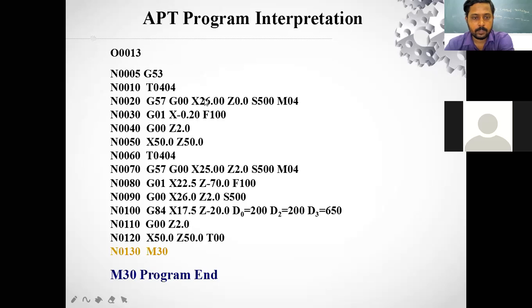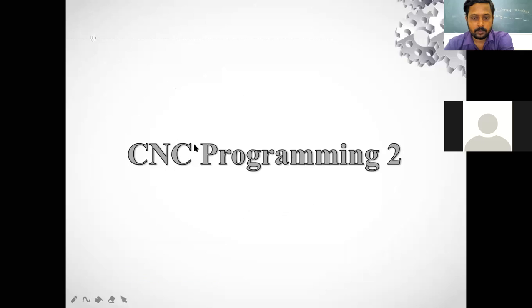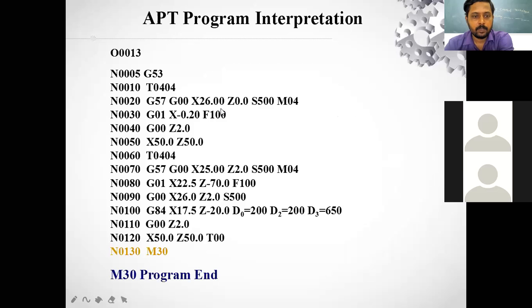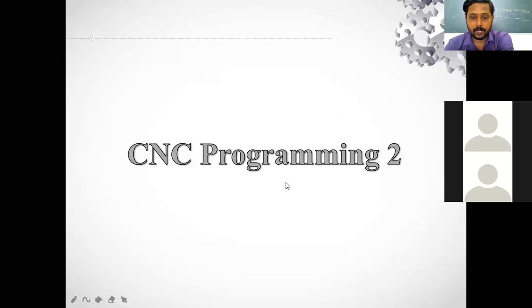At first glance, you will notice that the numbers are given here, the program is starting here, and different codes are being provided by using different parameters. We will get back to this afterwards. Since something is wrong with this G53, I think we should move further and we will get back to that program later on.